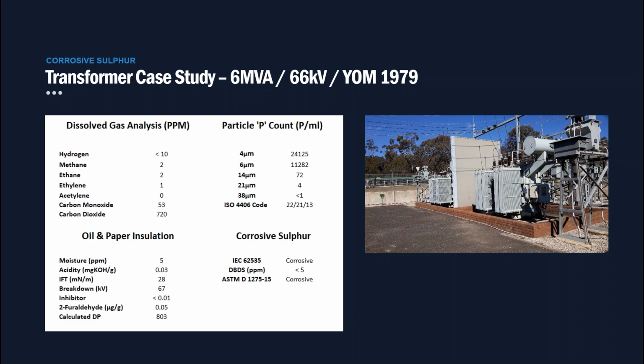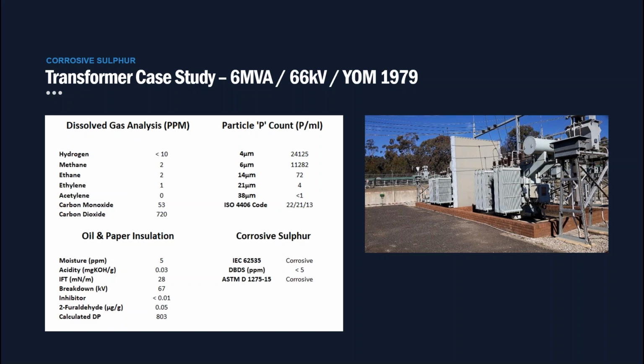Oxidation inhibitors are added to transformer mineral oil to improve oxidation stability. Their inhibition of oxidation slows the aging process of the oil, which is good for the transformer. Under certain conditions, the oxidation inhibitors, which are rich in sulfur, can become corrosive for copper and silver surfaces in the transformer.